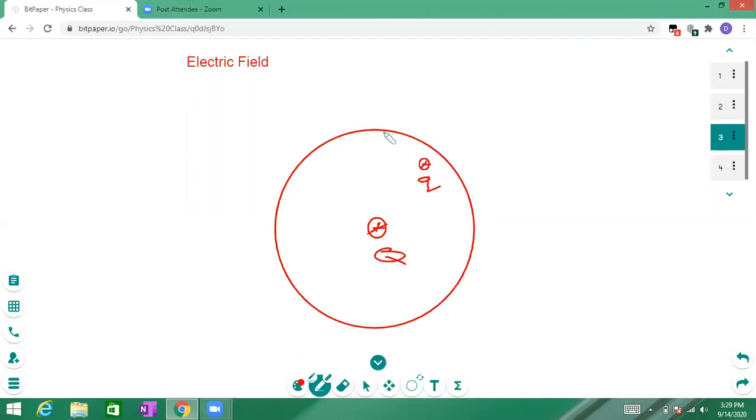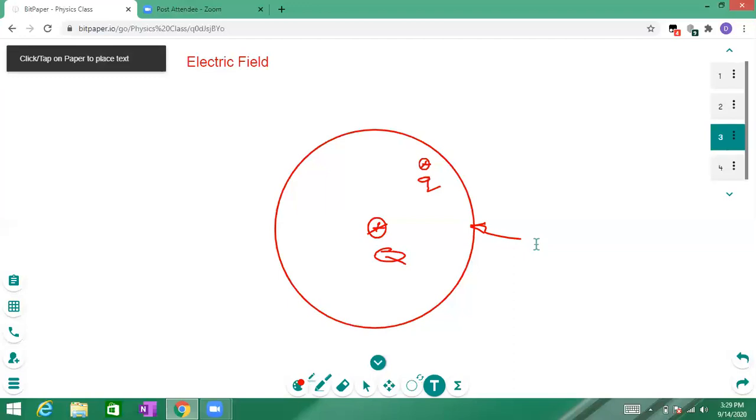Any other charge, when it enters the electric field, will experience electrostatic force due to the charge which is creating the field. So this big circle is representing the electric field.